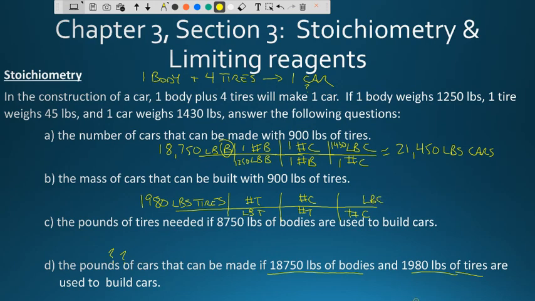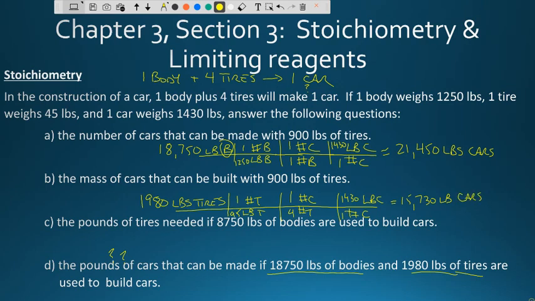So notice we're ending in the same place because that's what the question is asking. So I say one tire is 45 pounds. I say one car needs 4 tires, and one car has a mass of 1,430. So if it was up to my tires, I end up with 15,730 pounds of cars.